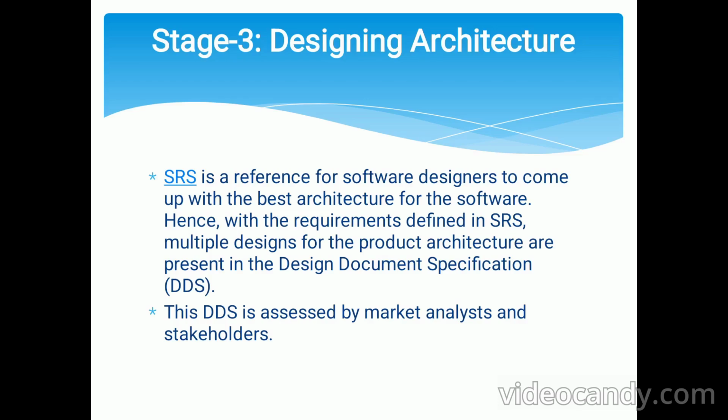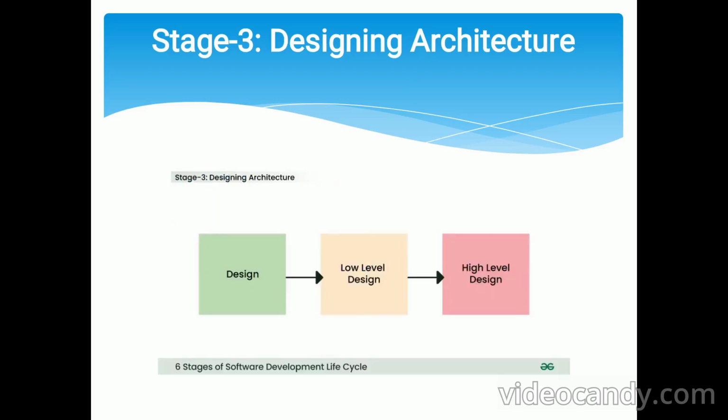It is assessed by market analysts and stakeholders for the efficient development of the individual product. The diagram shows the design of low level as well as high level design patterns. Designing tools, strategies, and patterns are used for the development of a software product in an efficient manner.